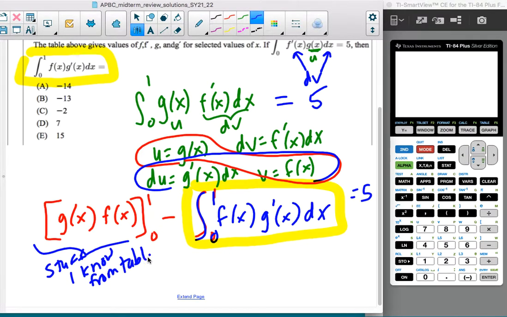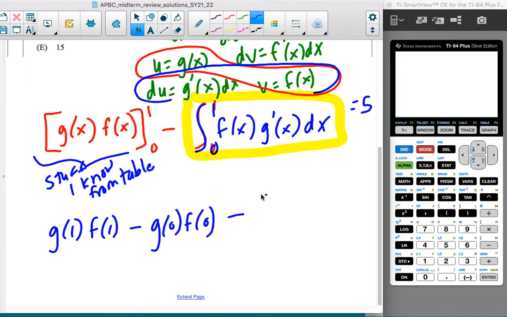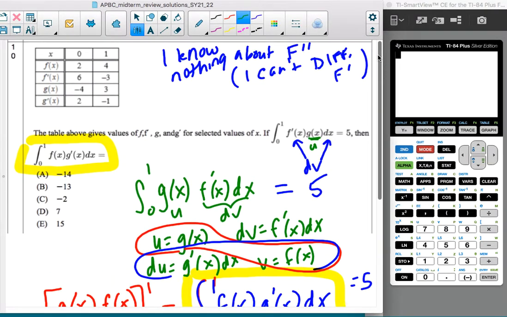Because I can find f of 1 and g of 1. I can find f of 0 and g of 0. So this is g of 1, f of 1, which I'll find on the table, minus g of 0, f of 0, minus the integral I've been asked about. I'm not ever going to clean up this integral. I'm stuck with this integral, but it equals a 5. So if we go back up to the table for a second, g of 1 is a 3, f of 1 is a 4.